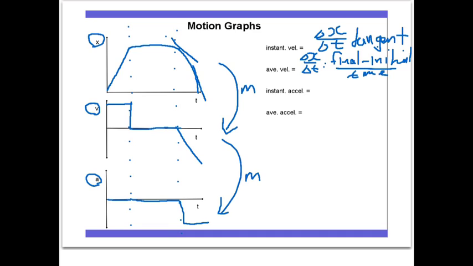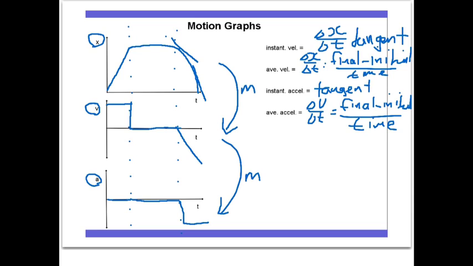Instantaneous acceleration again is a tangent, so you take a tangent to the velocity time graph. Average acceleration, again, still change in velocity over change in time, but this time we can consider final minus initial over time.